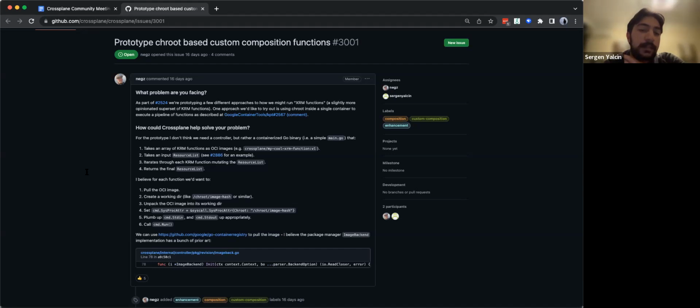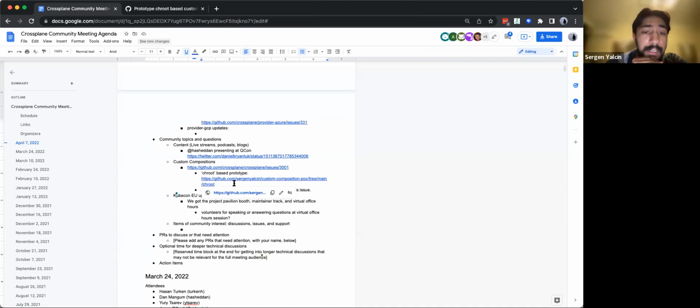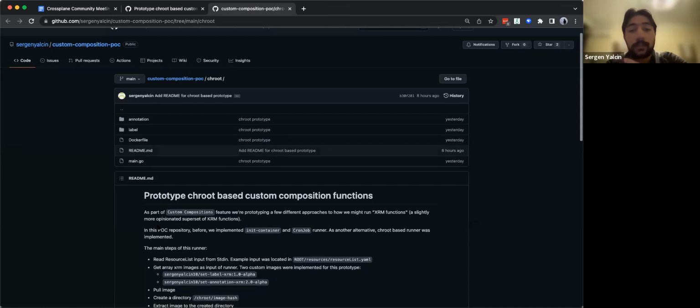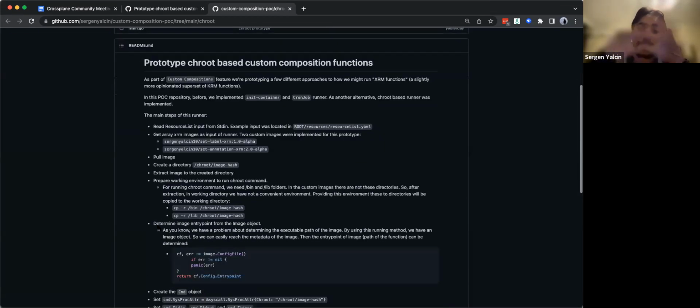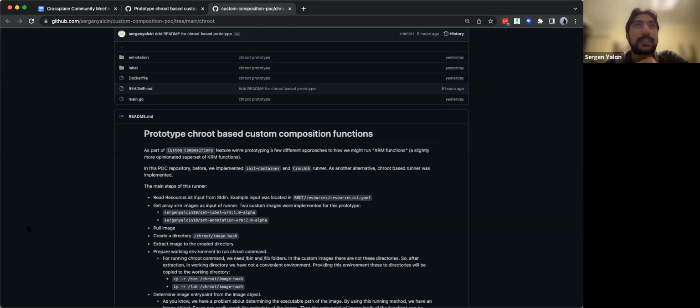So there is a ready prototype in our POC repo. I also added the link here, and as far as I know, Nick is also working on preparing another prototype. Our last two sync meetings about the custom composition, we could not make them.